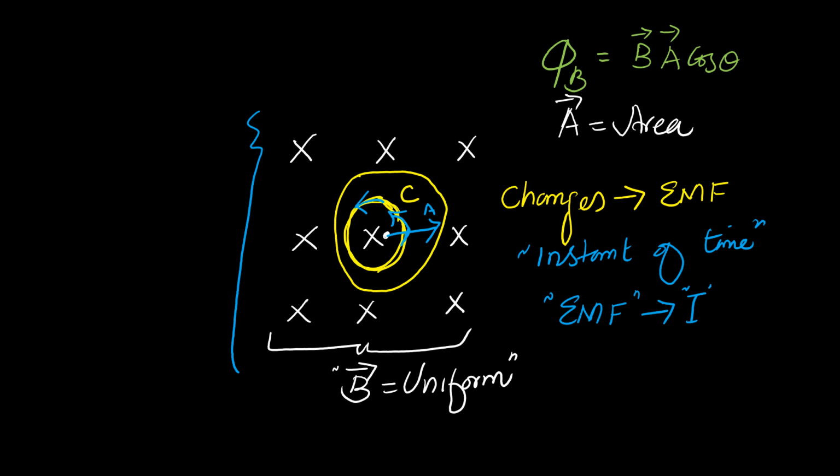So whenever there is a change in the area vector, there will be a change in magnetic flux. The change in magnetic flux will cause a generation of electromotive force.